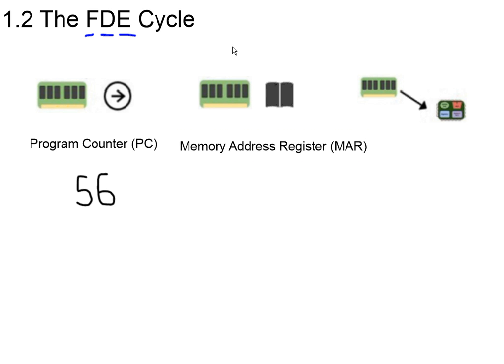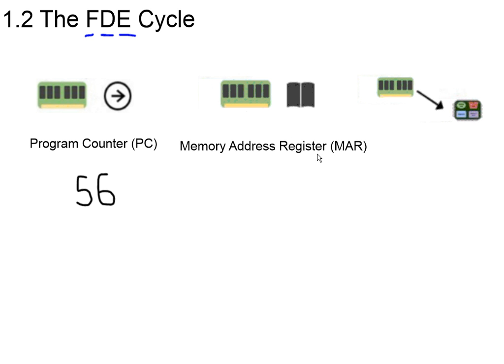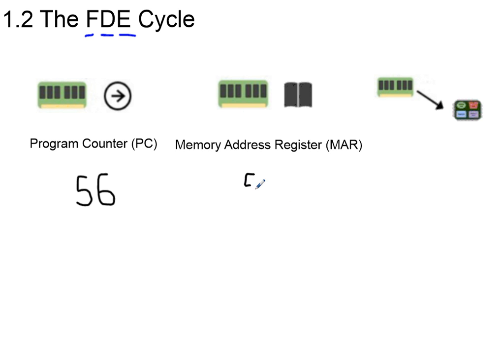So the address in RAM that we are currently using. So what happens is, the program counter tells us where to look. We then take that value, take that address, 56, and we put it into the memory address register.